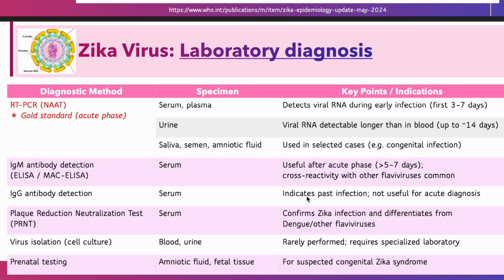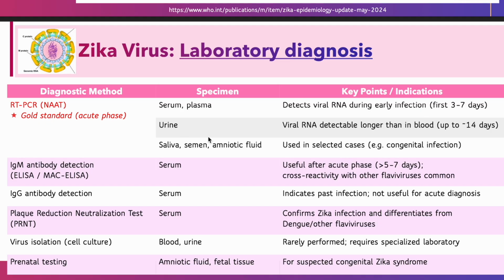Okay, so for the Zika virus laboratory diagnosis, the gold standard for the acute phase is still RT-PCR. The specimen can be serum, plasma, urine, or other fluids like saliva, semen, and amniotic fluid. As a key point, it is detected in the first 3 to 7 days during early infection.